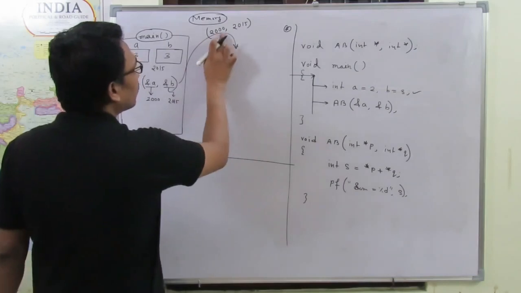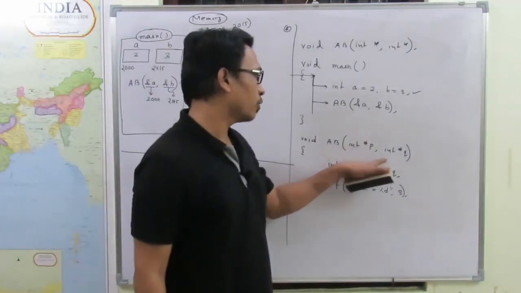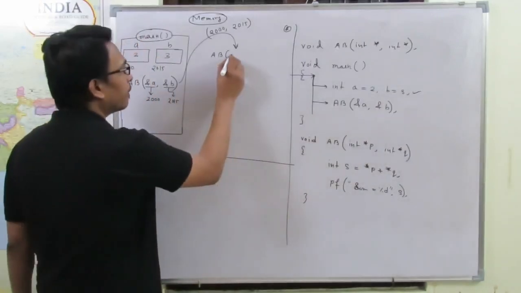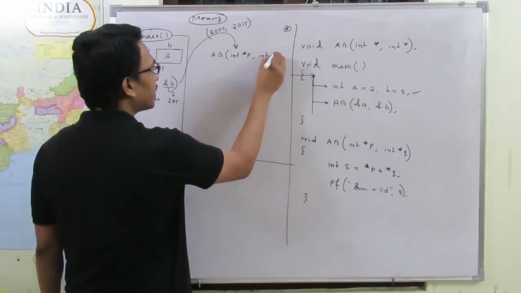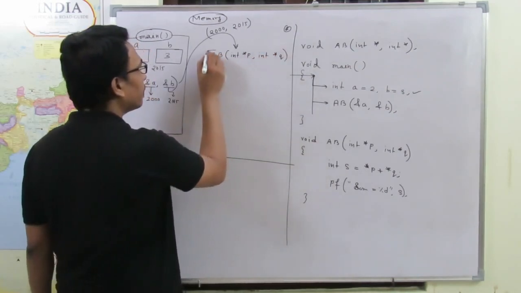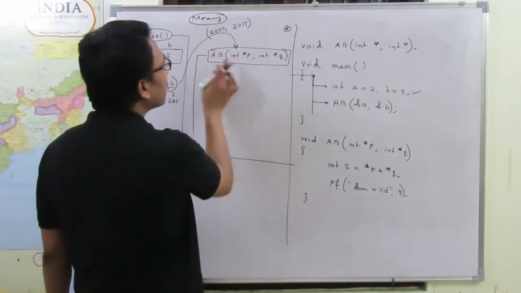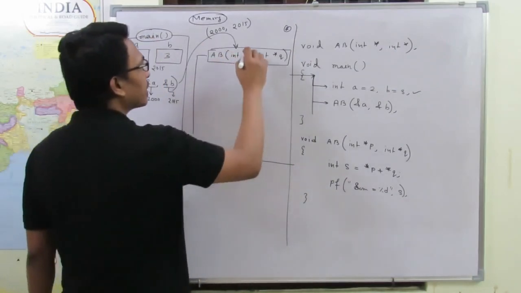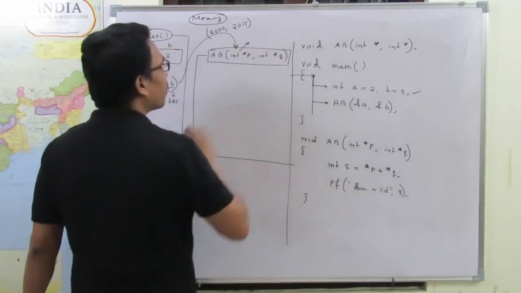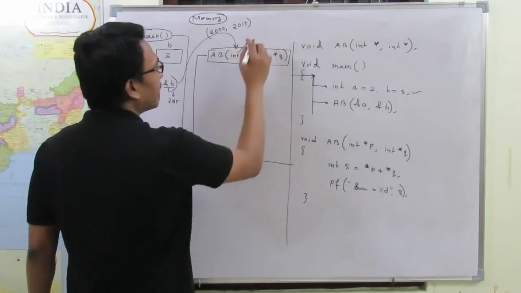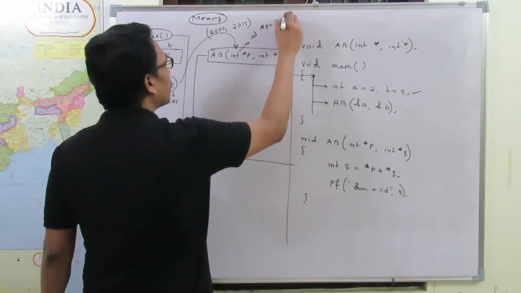Now to receive these two arguments, we declare two pointers. So here the first pointer is int *p, the second pointer is int *q. Now when control comes to this function definition, at that time the first parameter becomes int *p = 2000.